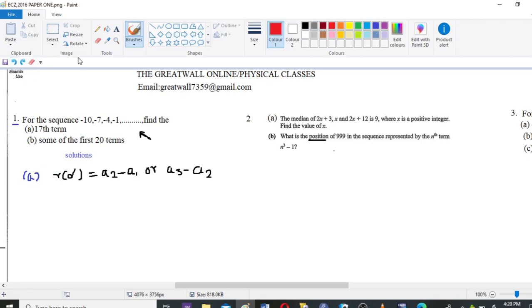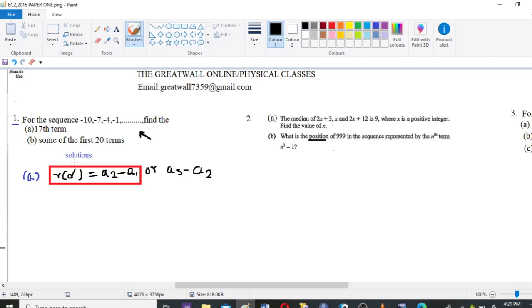Others will use T2 minus T1 instead of A2 minus A1. It is still the same, so it depends on what you take, but you still get the same thing. All right, let's proceed.